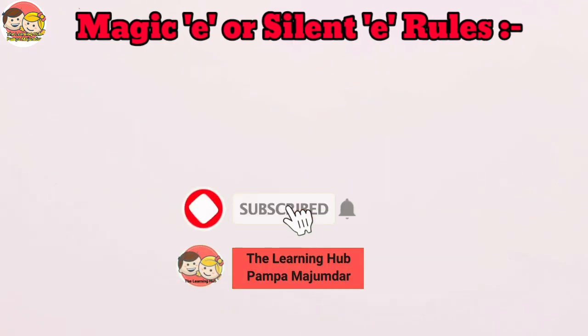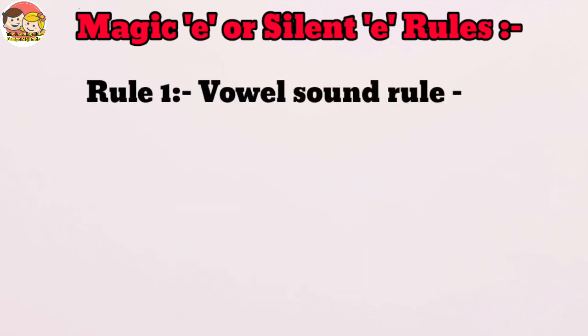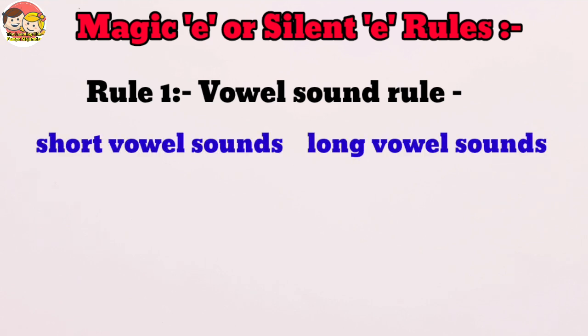Magic E or silent E rules. There are a few rules to remember when using the silent E or magic E. Rule number 1: vowel sound rule. There are two types of vowel sounds, short vowel sounds and long vowel sounds.